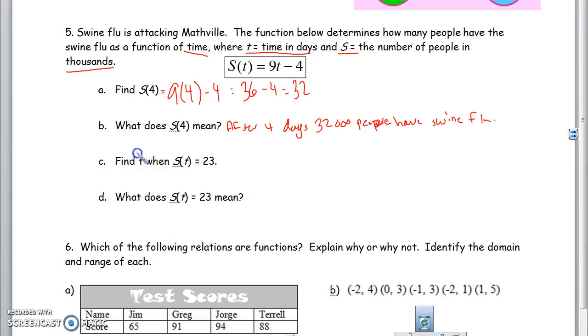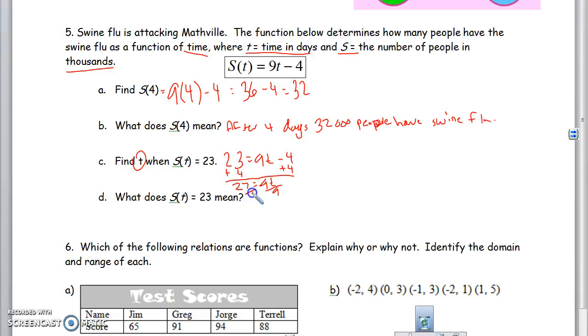Find how many days when S of t equals 23. So 23 equals 9t minus 4. Add 4, 27 equals 9t.